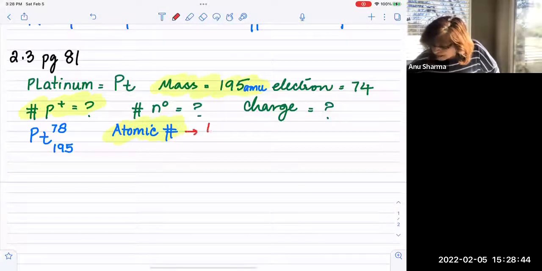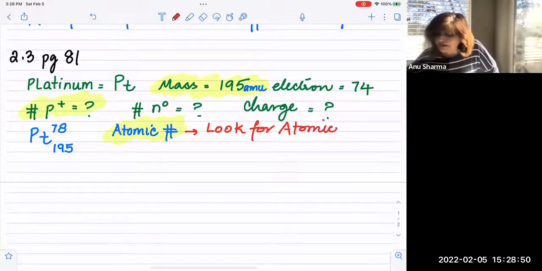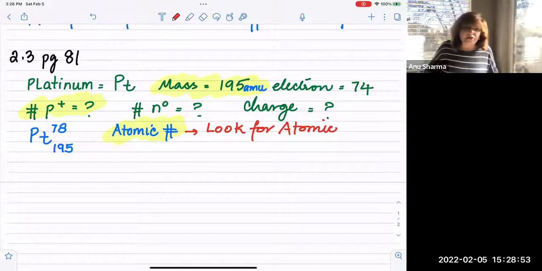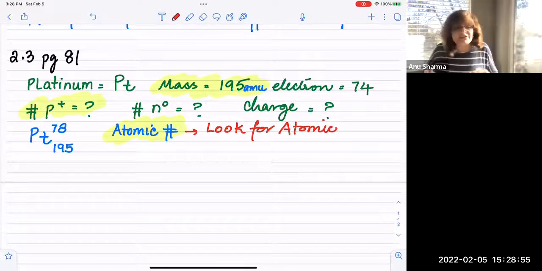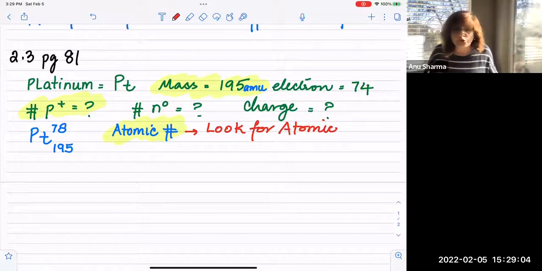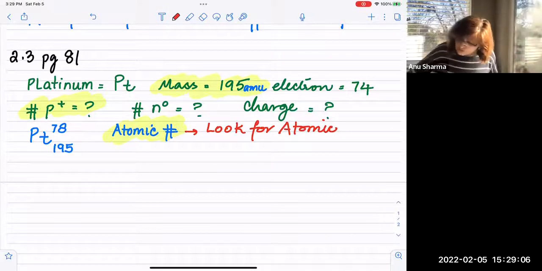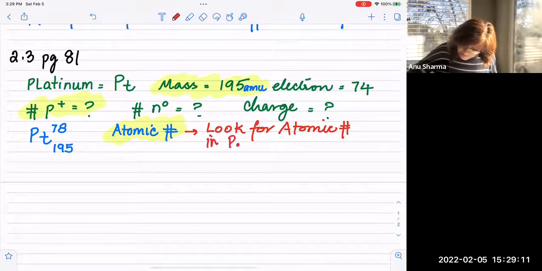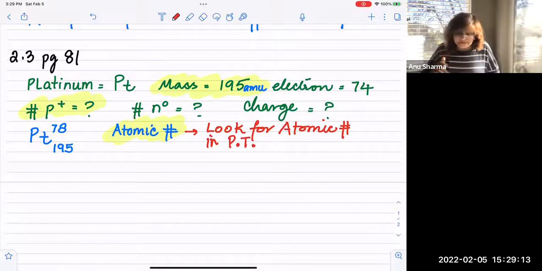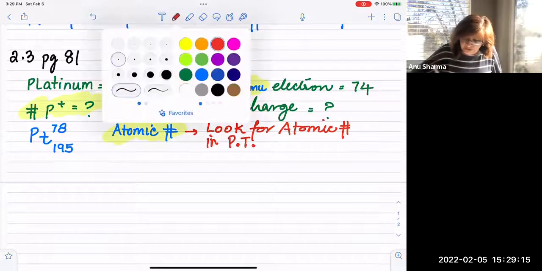Look for the atomic number in the periodic table, because atomic number is very unique to the elements. If there are 78 protons, only then it will become platinum. If it is 79 protons, it's a different element. If it is 77 protons, totally different. So look for the atomic number in the periodic table, and that atomic number is the number of protons.